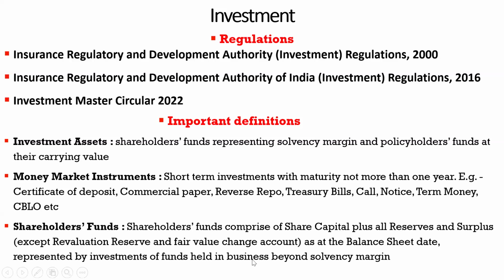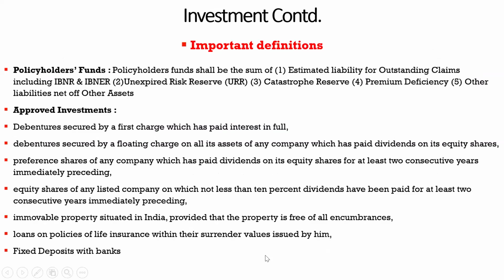Now, the shareholders fund is represented by investment of funds held in business beyond solvency margin. Policyholders fund, we already discussed, but again we'll discuss here. Policyholders fund means estimated liability: outstanding claims, including IBNR, unexpired risk reserve, catastrophe reserve, premium deficiency, and other liability, net of other assets.